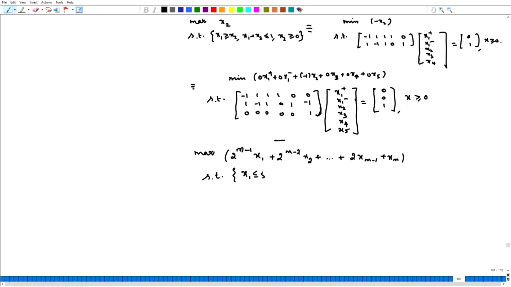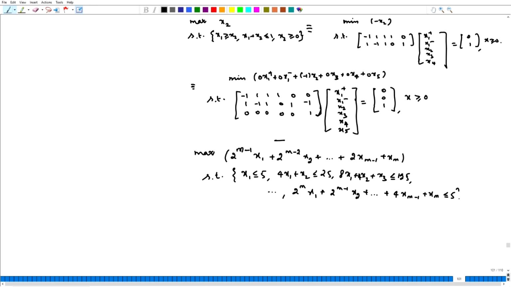So, it is x 1 less than or equal to 5, and 4 x 1 plus x 2 less than or equal to 25, 8 x 1 plus, sorry, 4 x 2 plus x 3 less than or equal to 125, dot dot dot, and more constraints, and the final constraint is 2 power m x 1 plus 2 power m minus 1 x 2 plus dot dot dot plus 4 x m minus 1 plus x m less than or equal to 5 power m, and x greater than or equal to 0, right.